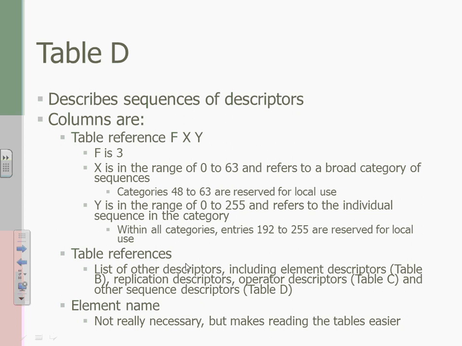Table references list other descriptors including element descriptors, table B, replication descriptors, operator descriptors defined in table C, and other sequence descriptors, where table D is referred. Which means table D descriptors include other types of descriptors. So this is kind of a layer structure. You will see the example.